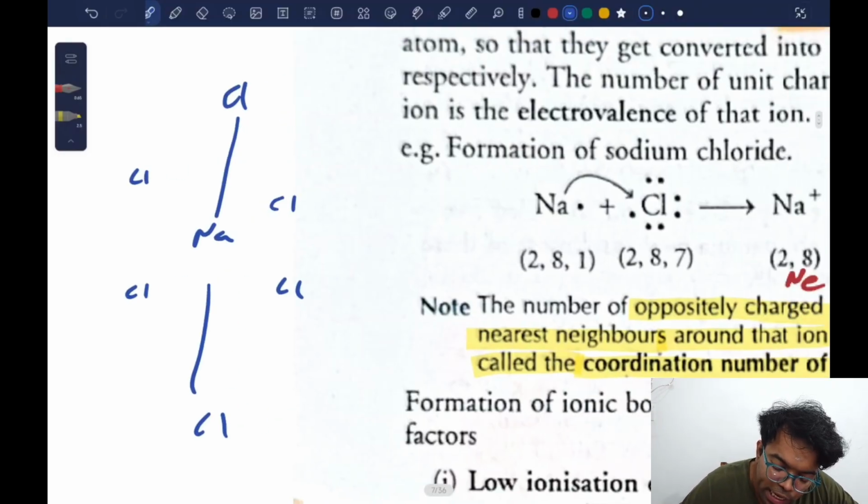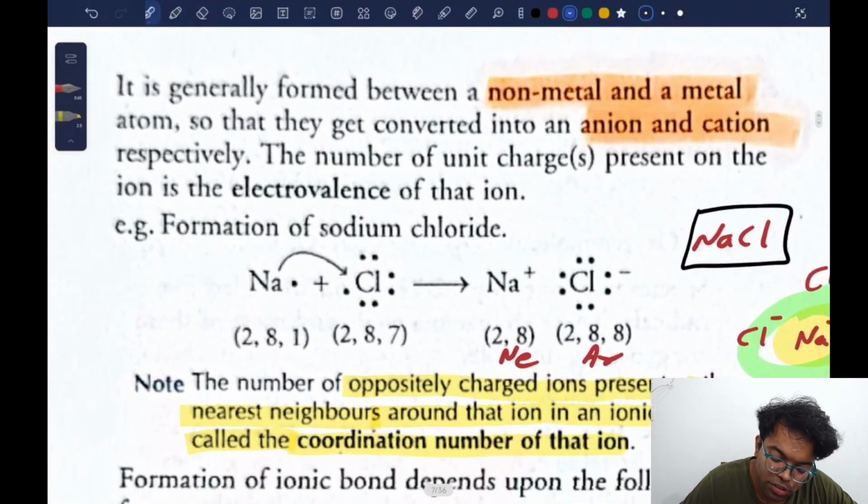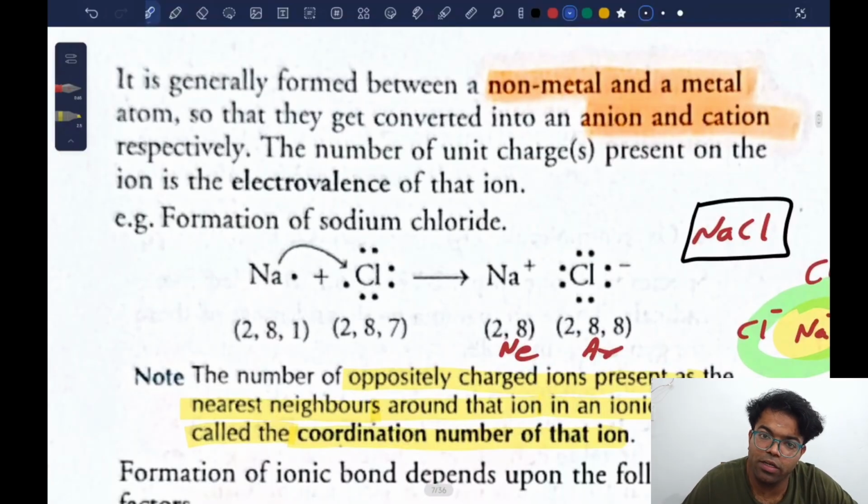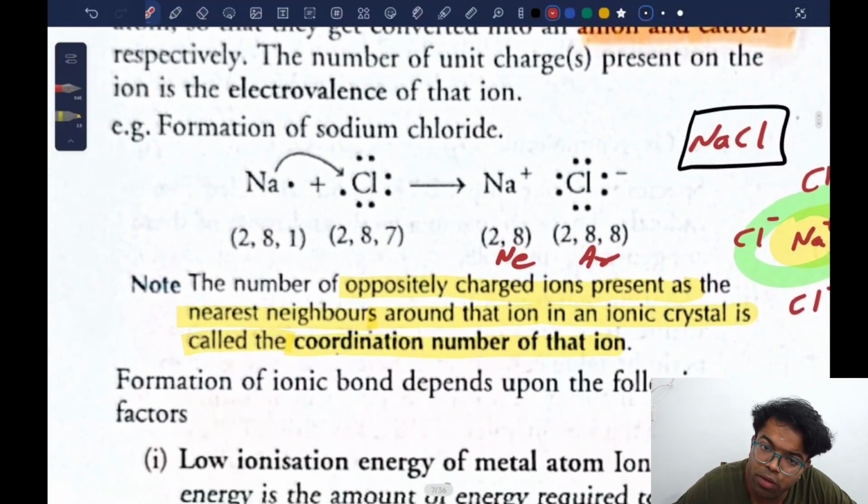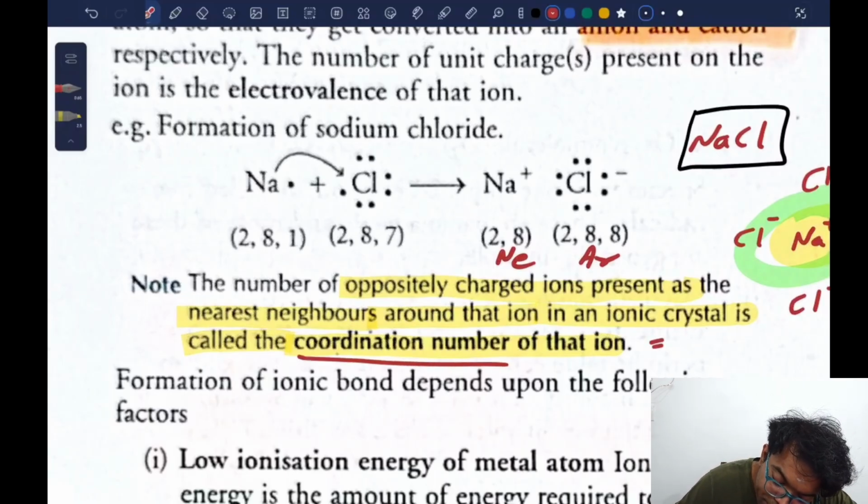Okay, so there will be six chlorine atoms surrounding the positively charged sodium at all times in the sodium chloride crystalline structure. Then the coordination number of chlorine will be what? Sorry, the coordination number of sodium will be what? The coordination number of sodium will be 6 in NaCl.